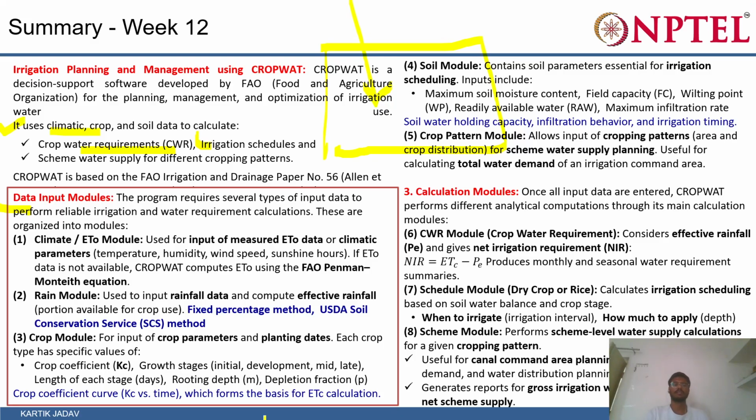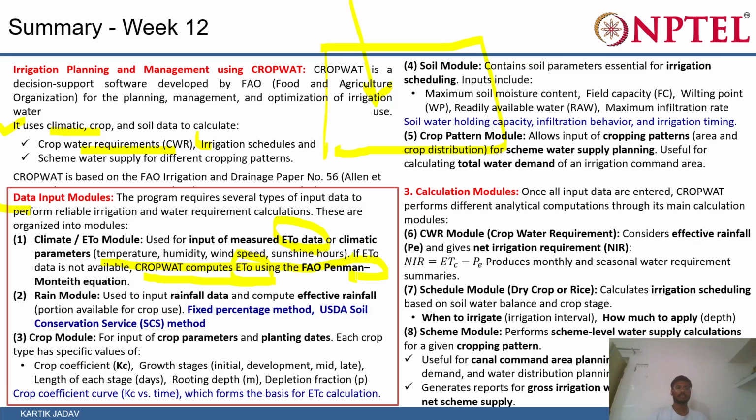In that we are defining every data that is required to measure the ET naught. This data includes temperature, humidity, wind speed, and sunshine hours. If ET naught data is not available, CROPWAT can compute ET naught using the Penman-Monteith equation, if you provide the input parameters required by the Penman-Monteith equation.